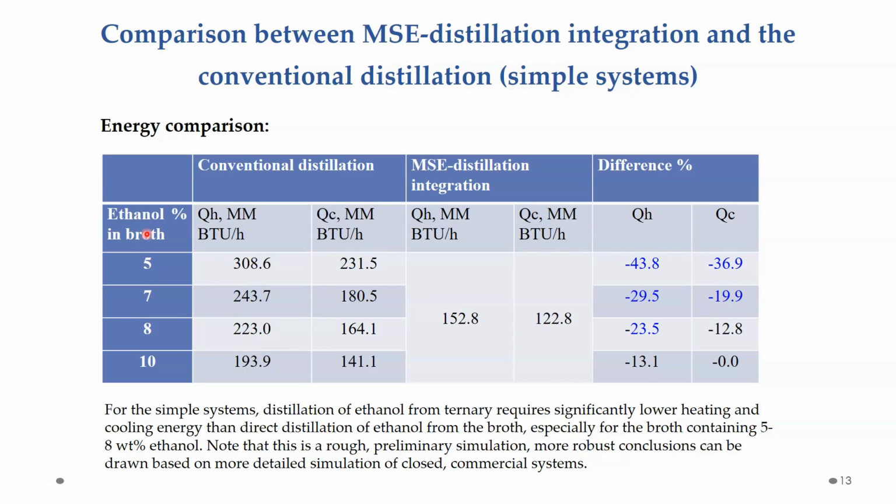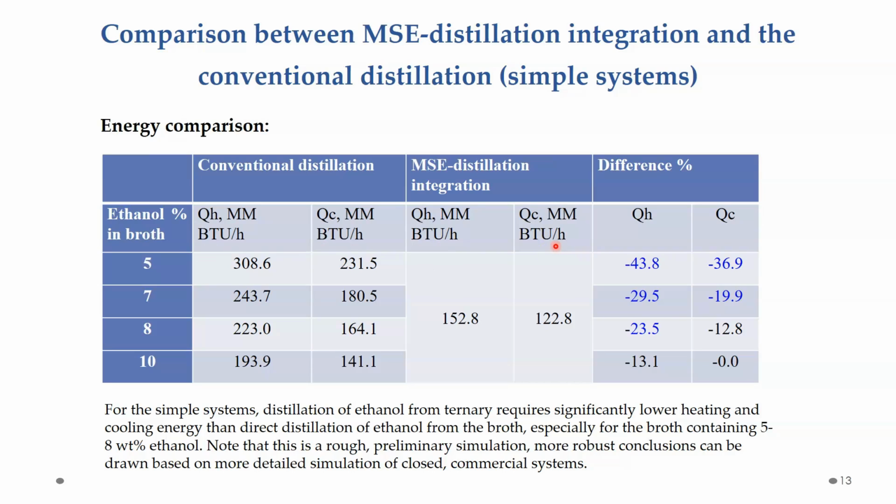This is because at the lower concentration of ethanol, a higher reflux ratio is required to get the same product concentration. Currently, cellulosic ethanol processes can only produce about 5.5% ethanol. This is not economic to distill in the conventional process. With MSE, it becomes economic to distill.